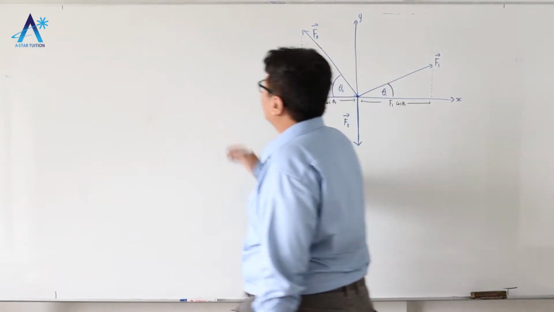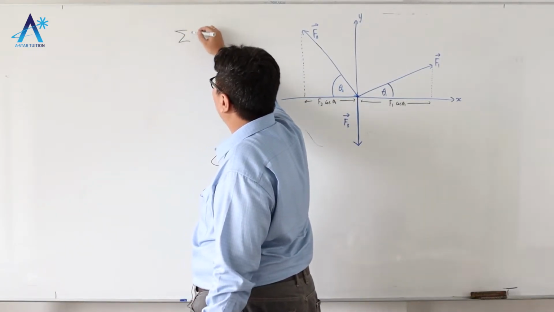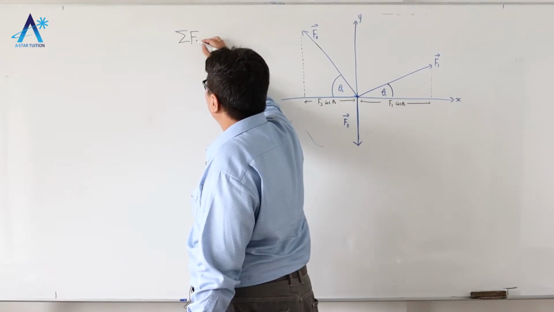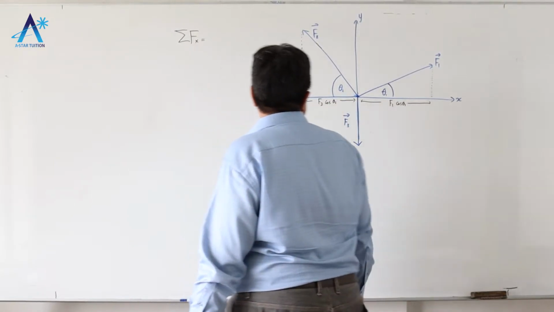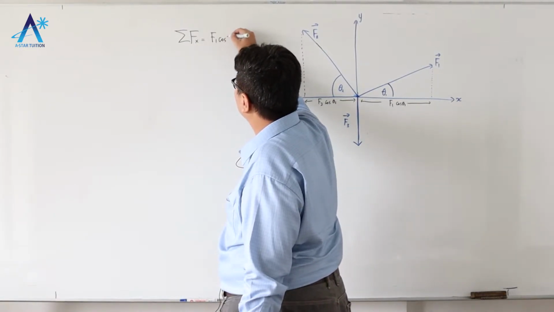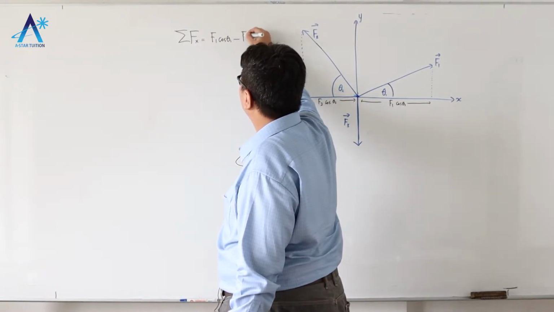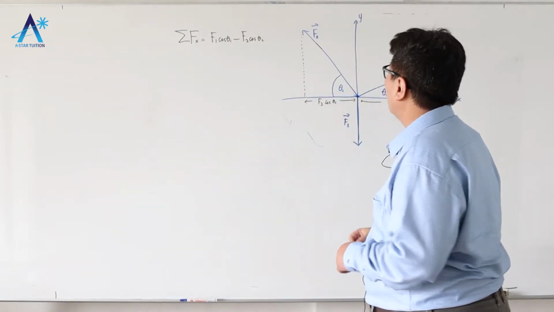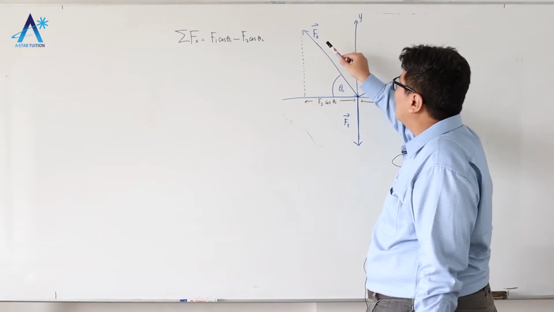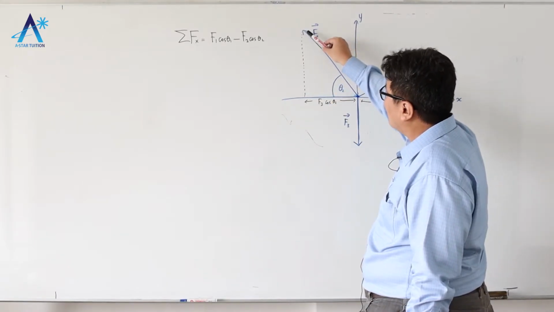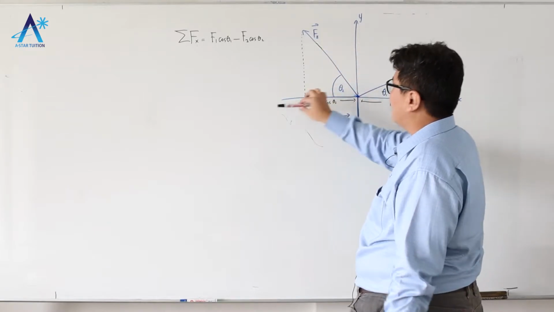So when we find the sum of the horizontal components of all forces, we wind up with F1 cos theta 1 minus F2 cos theta 2. Now, why minus? Because when you resolve F2 horizontally, you can see that the arrow is actually pointing to the left.